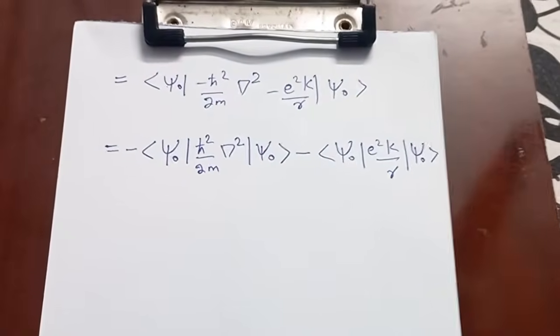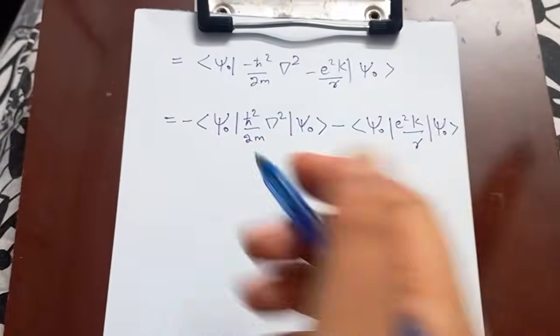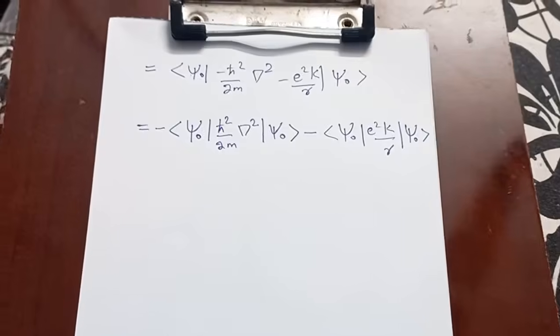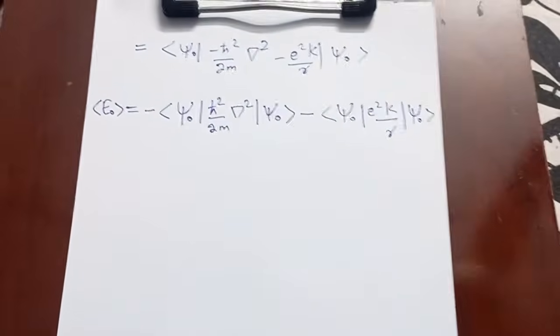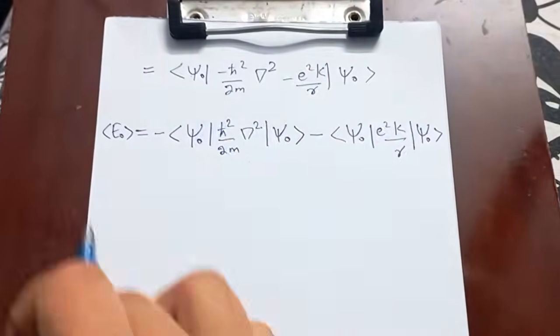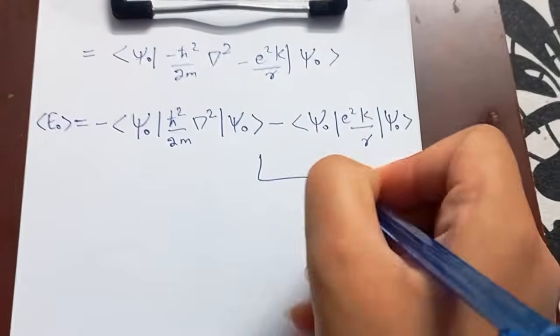Doing so we can calculate both of these products separately and simply put their values at the end. We'll calculate them separately and put them right into this expression. So let us call it equation number C.